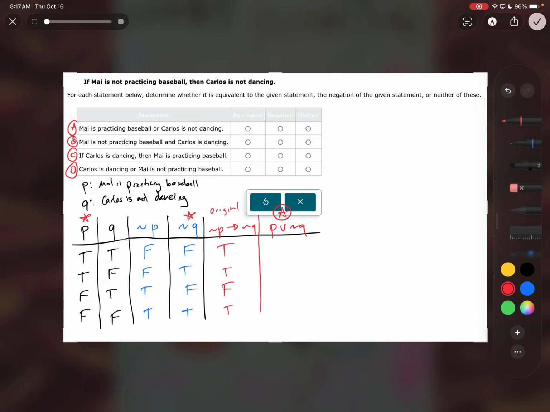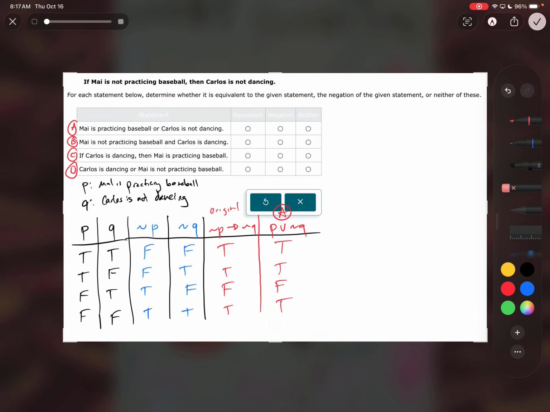The rule for or would be it's only false if they're both false. So if I'm looking at the first column and the fourth column, that would be true, true. Here's false and false, right? So that would be false, and then false, true. Oops. False, true would be true.